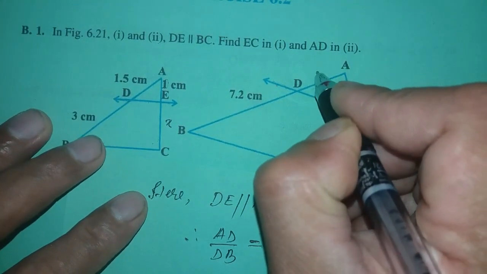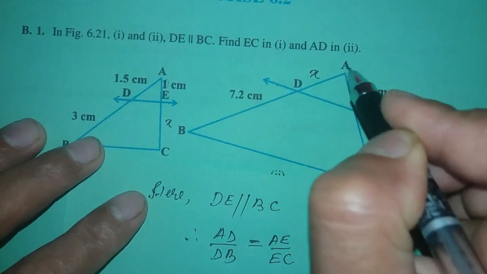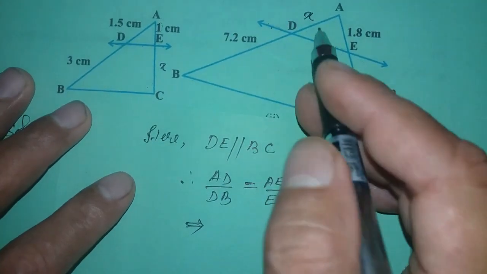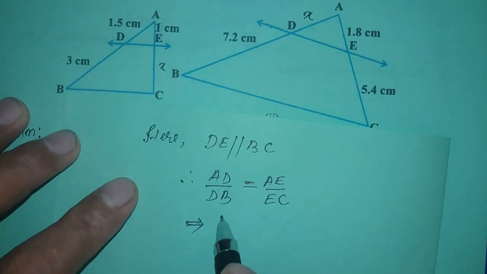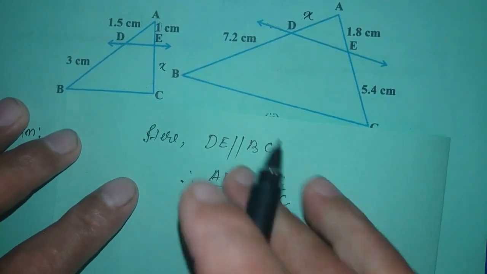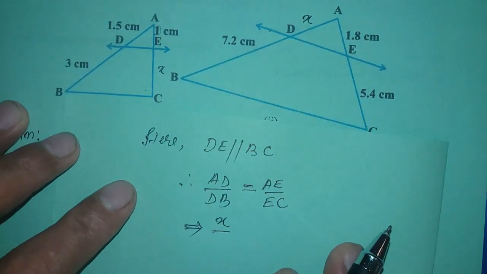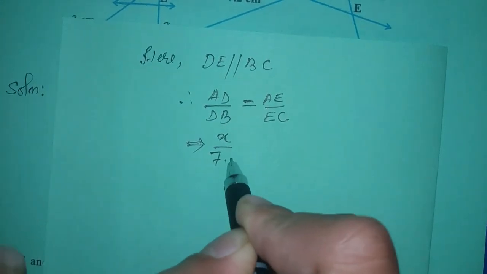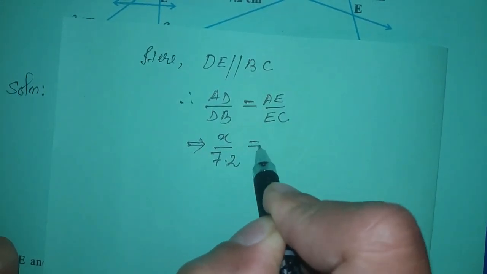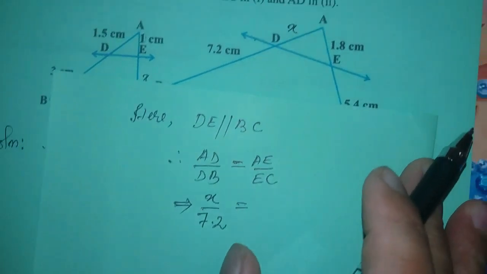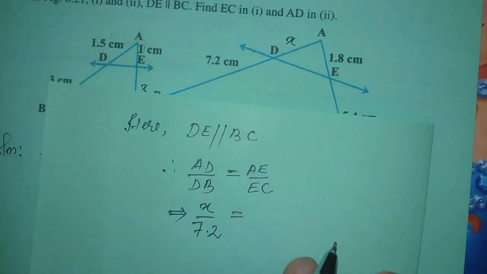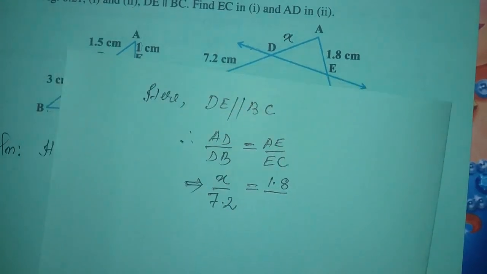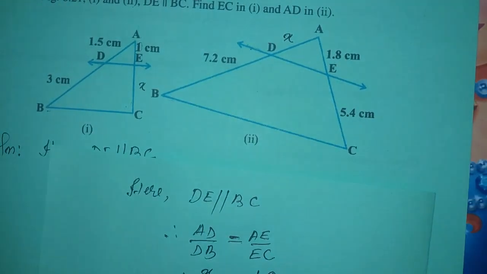So let's call it X or Y, anything will do. We'll just call it X. Now X by DB, which is 7.2, is equal to AE, which is 1.8, by EC, which is 5.4.